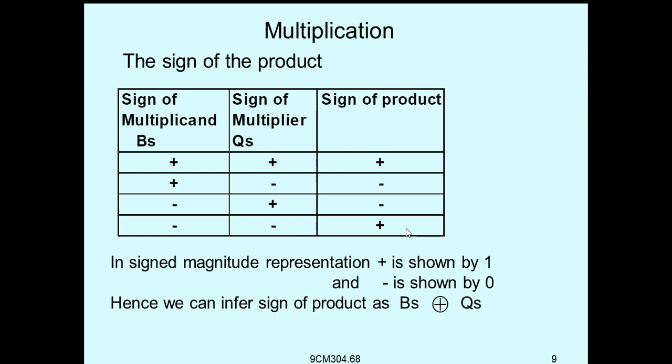The same way we can decide the sign of the product here also. In multiplication, if both signs are the same, the sign is 0. If both signs are different, the sign is 1.